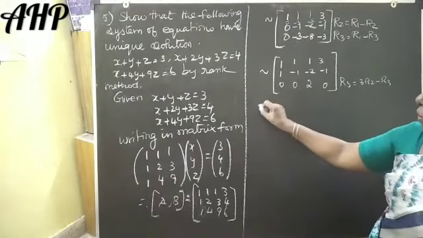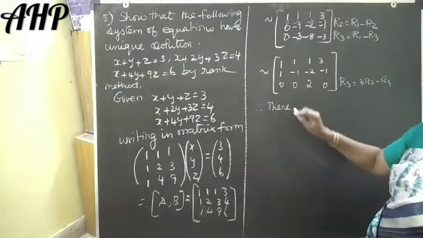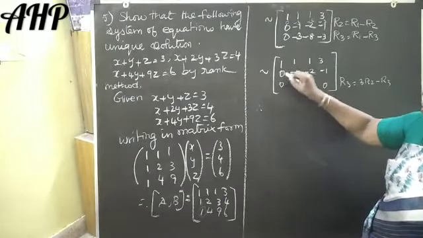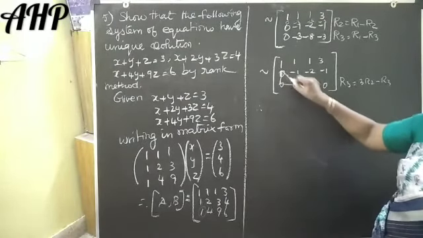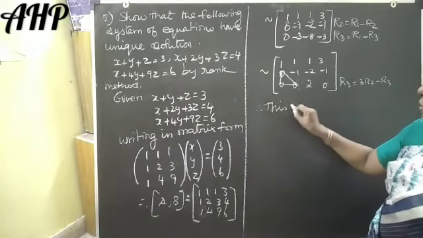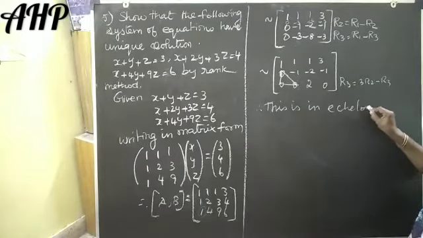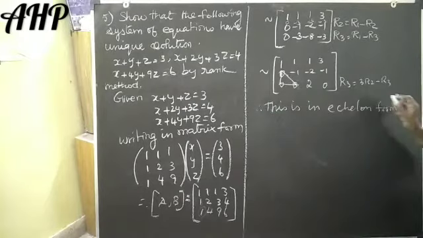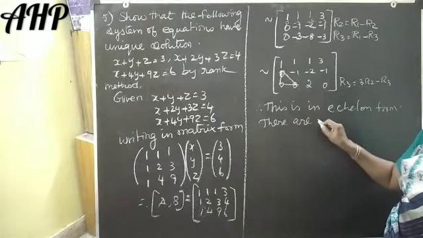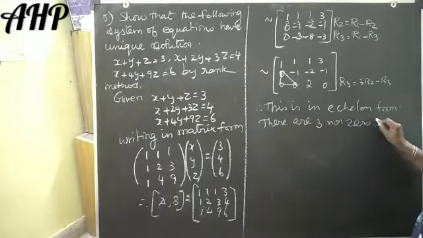Now, this place is already 0, minus 1. So now this is in echelon form. There are how many non-zero rows? 3 non-zero rows.